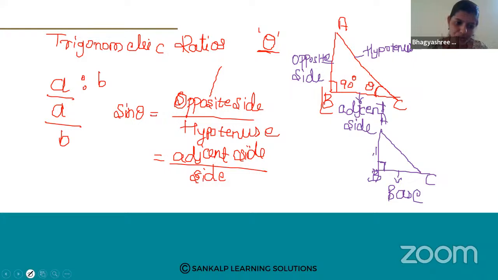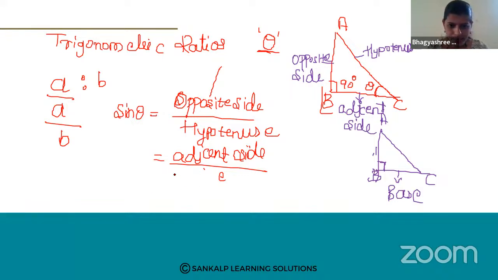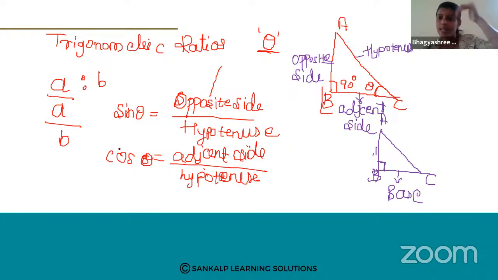So this ratio we call it cos theta. Sin theta and cos theta. Now opposite divided by hypotenuse and adjacent divided by hypotenuse are over.